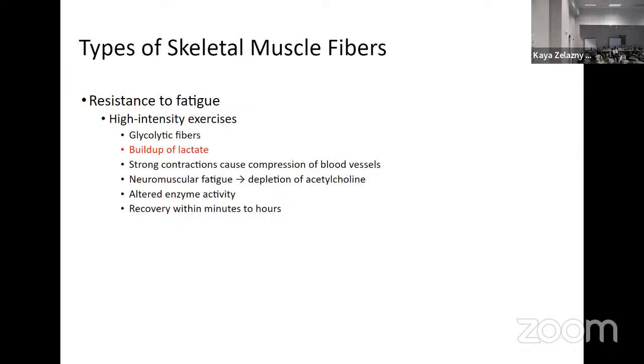Acetylcholine is our neurotransmitter that causes our muscle fibers to contract because it binds to the nicotinic cholinergic receptors, creates that action potential running down the sarcolemma into the T-tubule, which touches the sarcoplasmic reticulum, releasing calcium, allowing our cross-bridge cycle to begin as it binds to troponin, pushing tropomyosin off the myosin binding sites on the actin, blah, blah, blah, right?